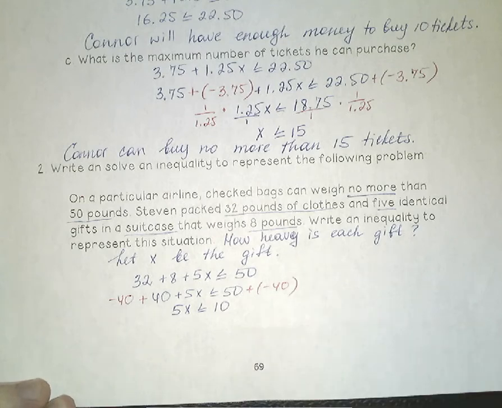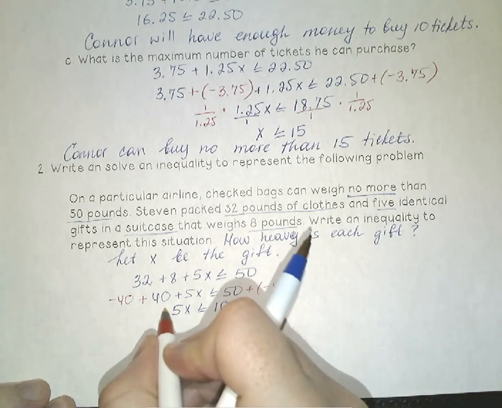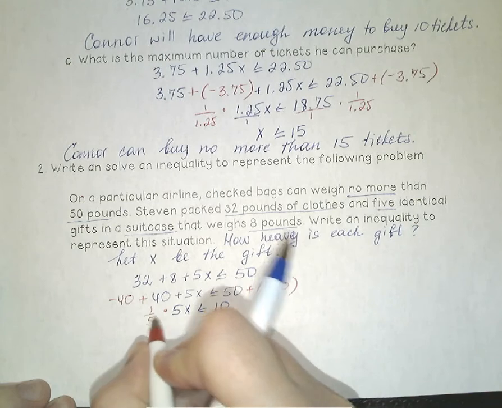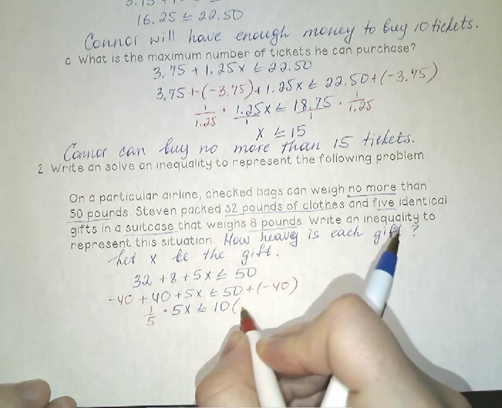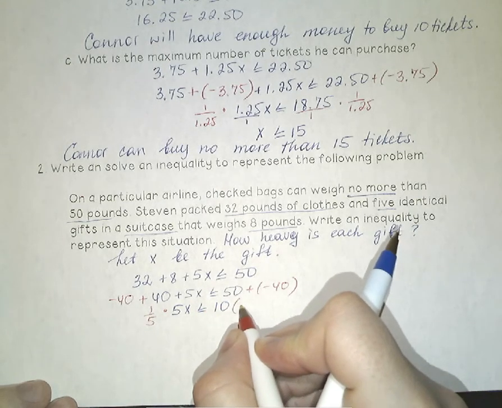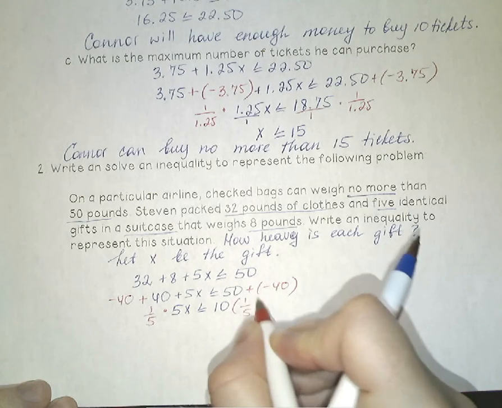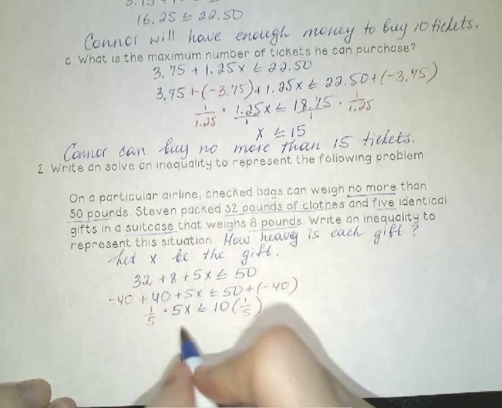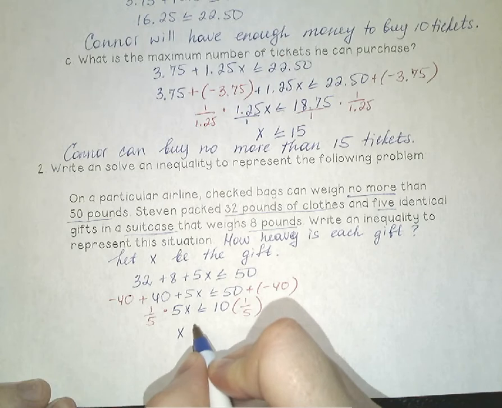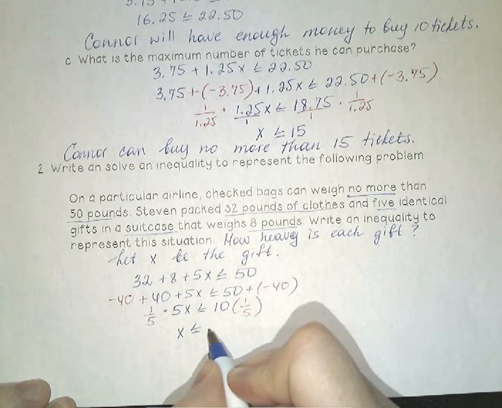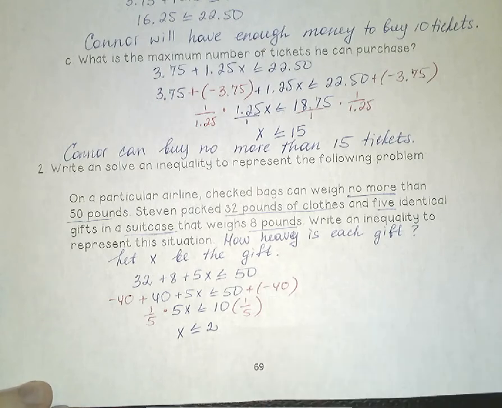And now we will multiply 5 by its reciprocal, 1/5, and I will do the same thing to the right side, times 1/5. And I will have x is less than or equal to 2. 10 times 1/5, or 1/5 of 10, is 2.